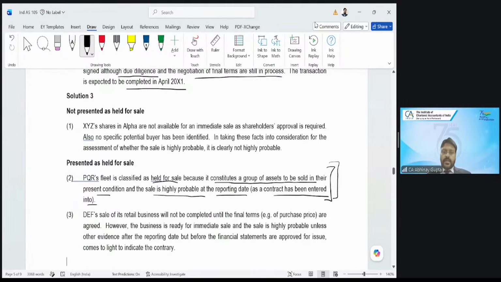In this case, DEF's sale of the retail business will not be completed until the final terms, for example the purchase price, are agreed. However, the business is ready for immediate sale and the sale is highly probable unless other evidence, after the reporting date but before the financial statements are approved for issue, comes to light to indicate the contrary view. So until then, we can conclude that this is meeting the conditions of Ind AS 105 to present them separately as held for sale.